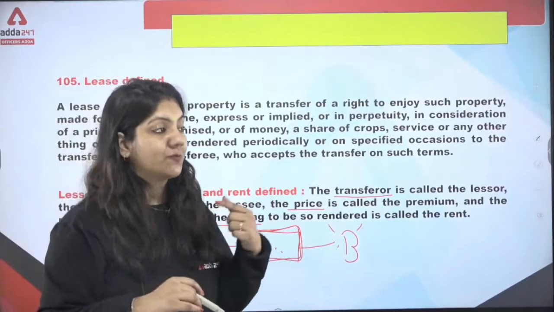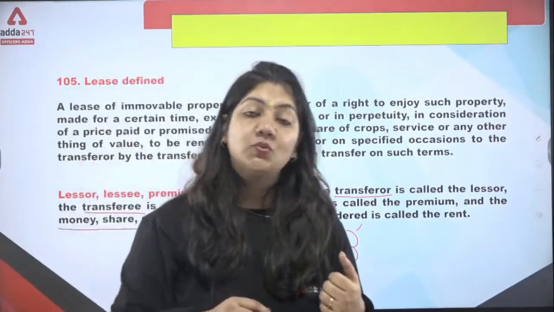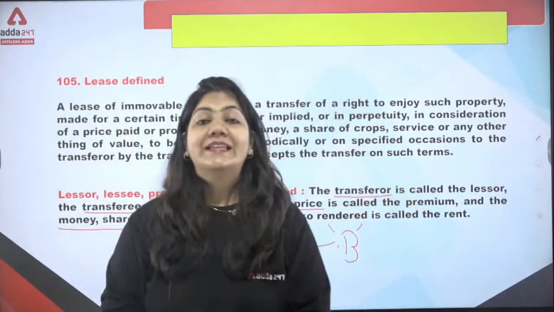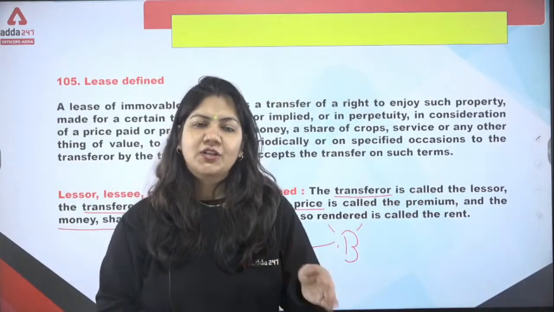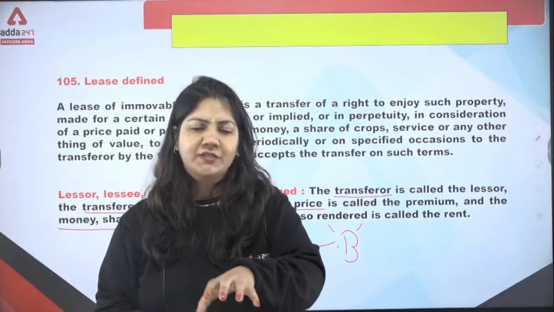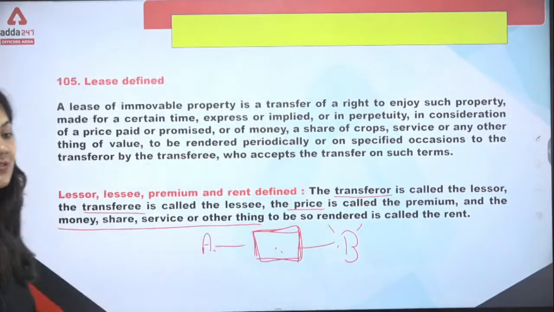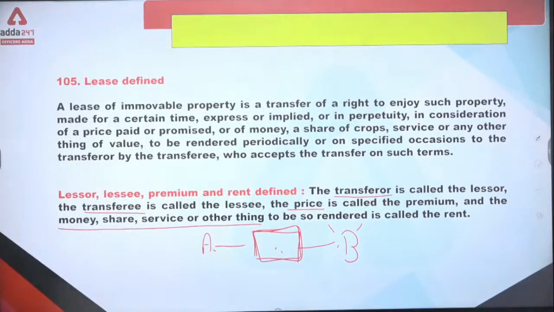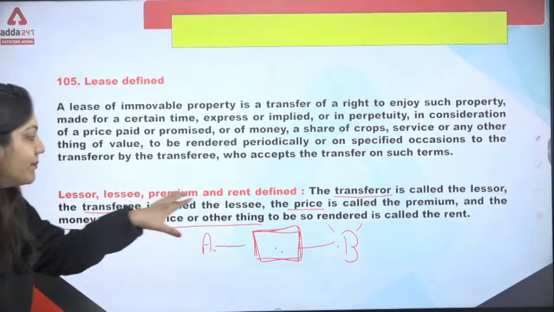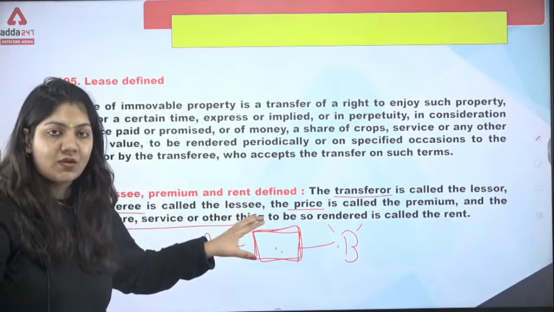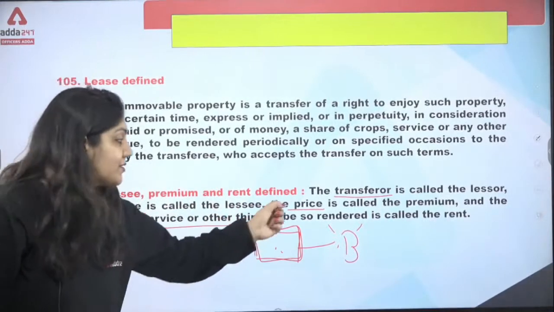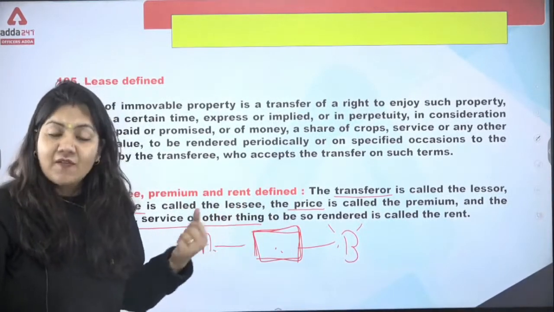Suppose I have to purchase the flat and the flat price is 1 crore rupees. So this is called lease. Okay, and license is for a short term period, if I have just taken the possession from another person, that is called license. Okay, so that is a basic difference between the lessor, lessee, premium and rent. A question may come that in lease, what is the consideration called? Its price. That comes in the half marks.